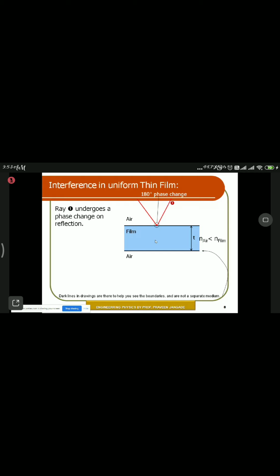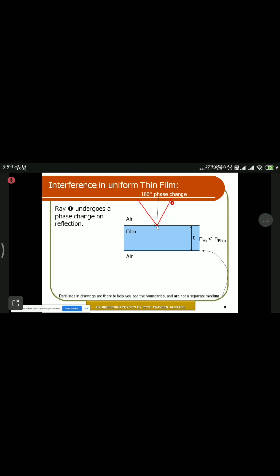Once it reflects, one ray, ray 1, is formed. You can see ray 1 is formed due to the reflection from the denser medium to the rarer medium, because it reflects from the film area into the air medium. The film is considered the denser medium and the air the rarer medium.